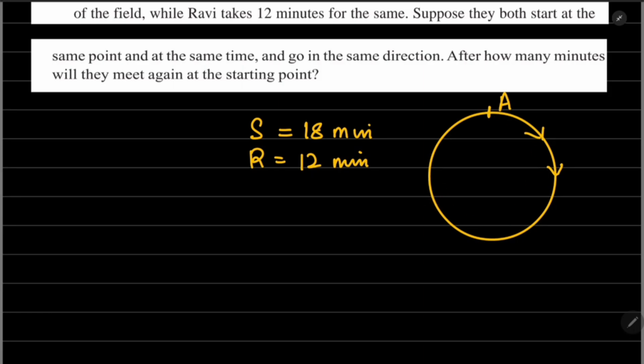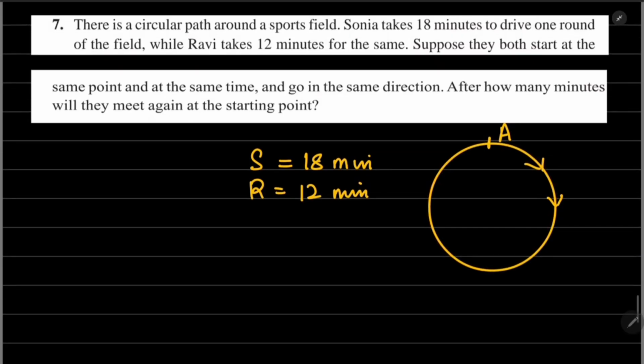So you have to find out after how many minutes these two will meet again at the starting point. Now, one of the major things to think about is, will it be a time less than the given time? Is there a possibility that the two will meet again at A in 15 minutes, or 16?